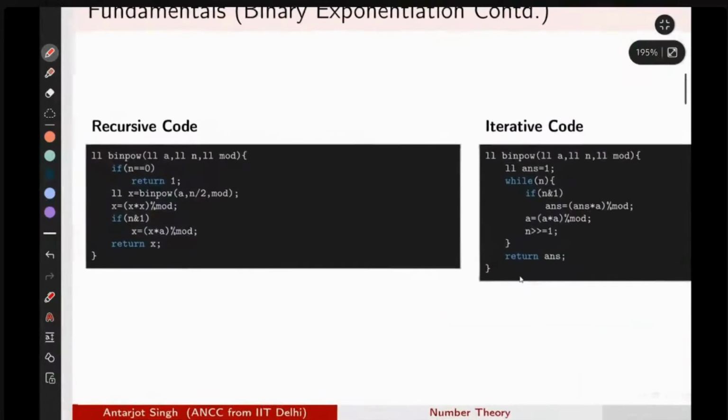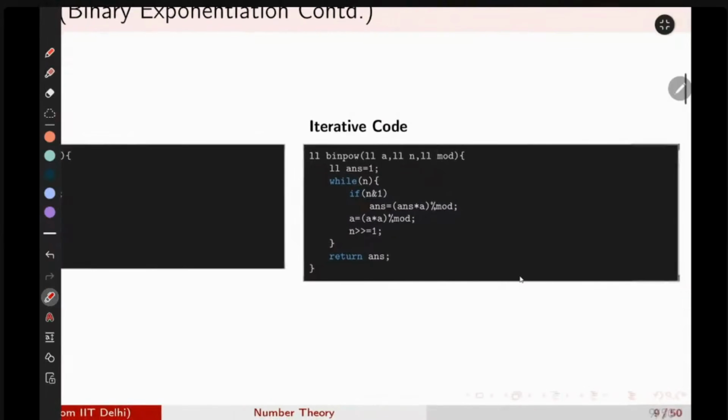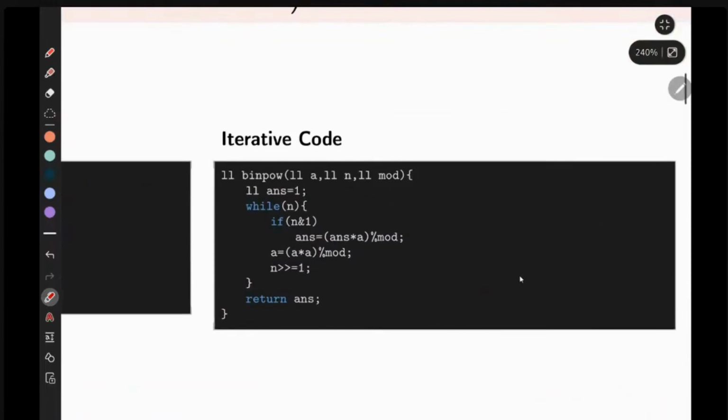Let's see its code. It's better to just look at code and realize how it actually works. In the iterative version, you have a function and you have base 1, because at the 0th step, 2 to the power i is 2 to the power 0, which is 1, right? While n is not 0, your while loop is going to run. If n is odd, what does that mean?